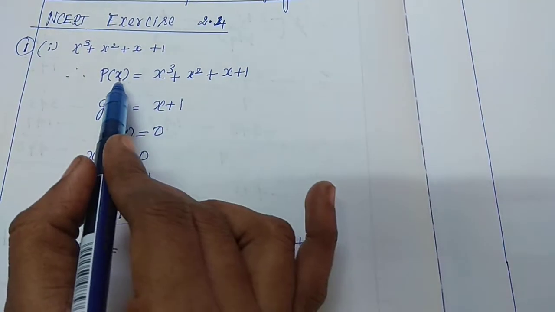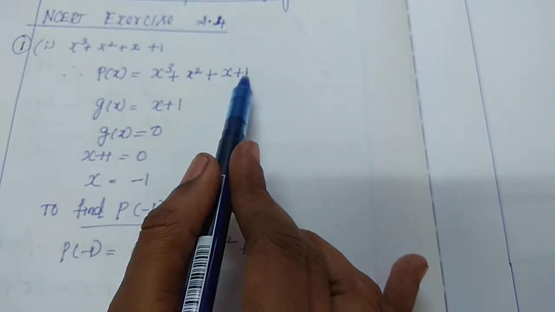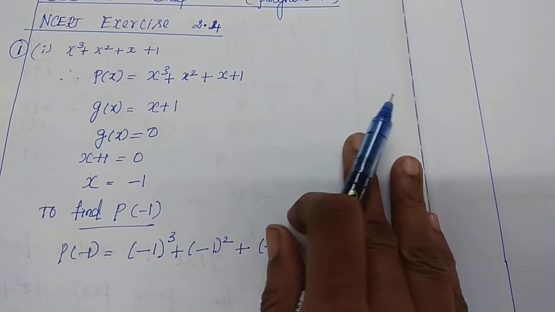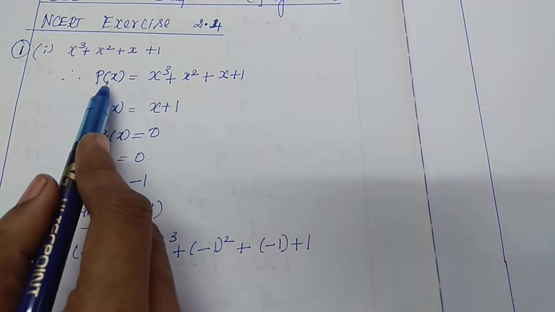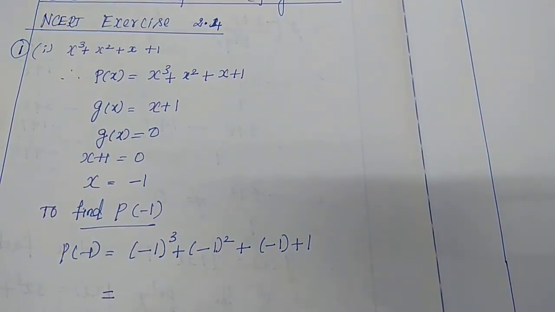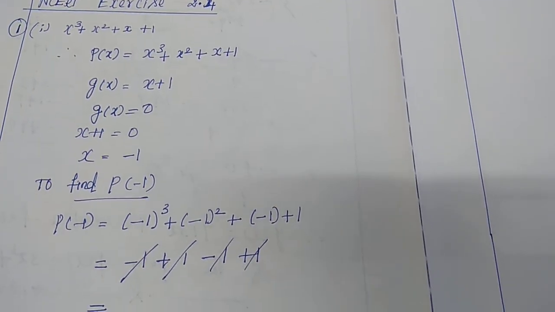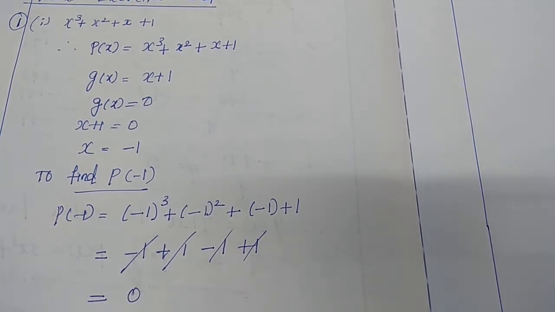Replace all x terms by minus 1 in p of x. That is equal to minus 1, minus 1 the whole square is plus 1, plus into minus 1 is minus 1, plus 1. Minus 1 and plus 1 cancel, and here also they cancel. Therefore, the sum is 0. P of minus 1 is equal to 0.